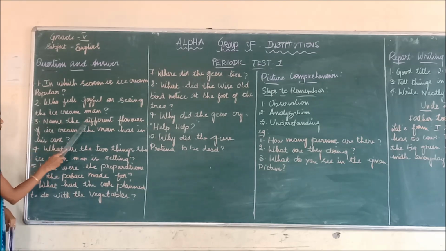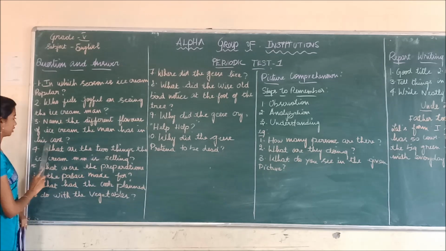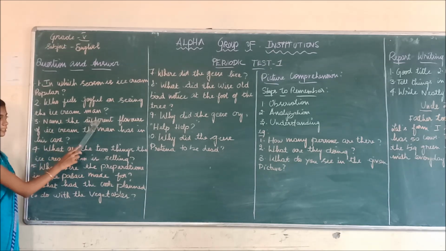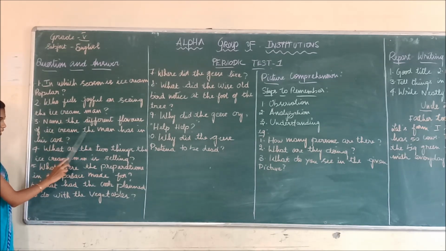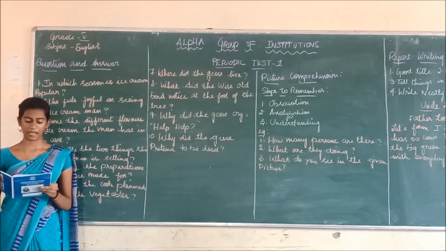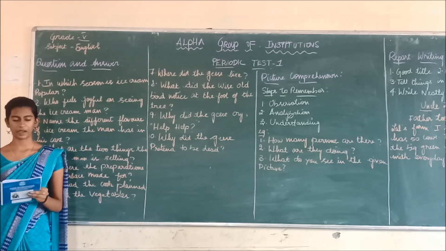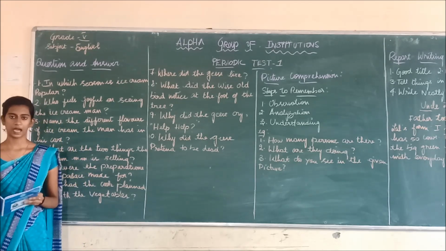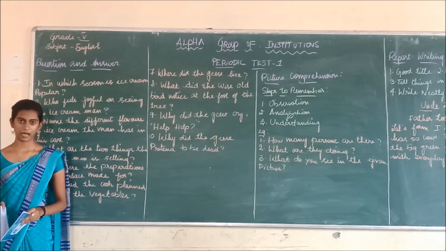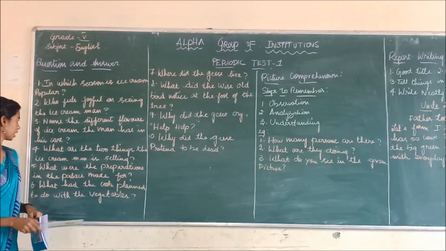Third one. Name the different flavors of ice cream the man has in his cart. The ice cream man has vanilla, chocolate and strawberry flavors of ice cream in his cart.